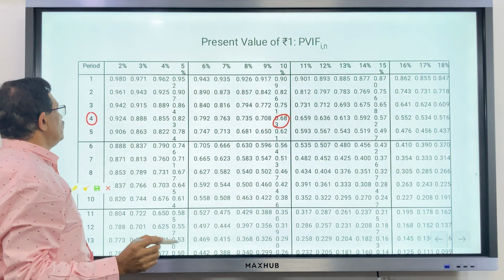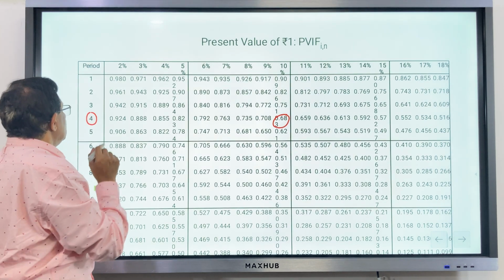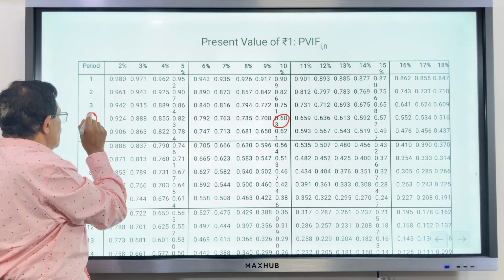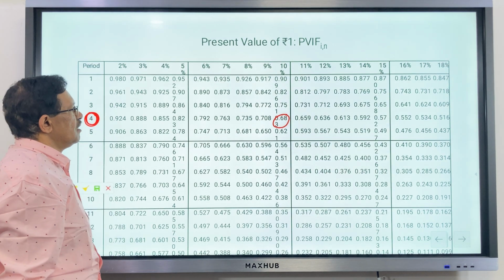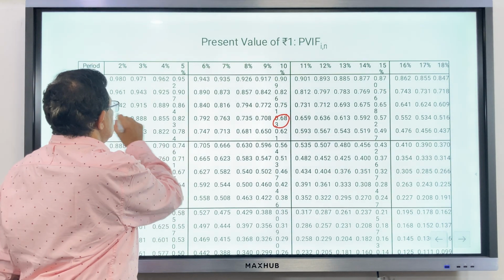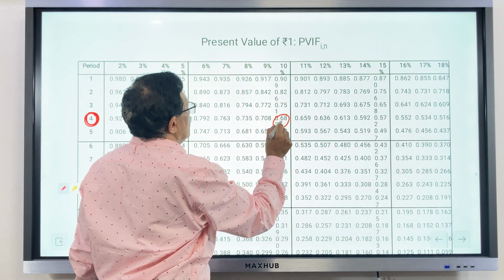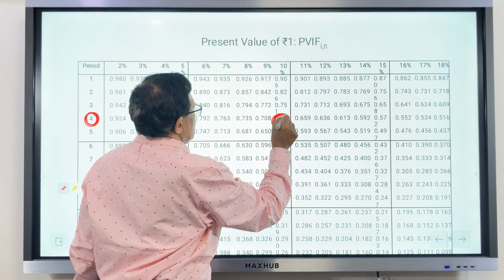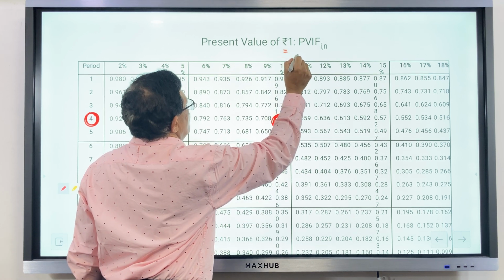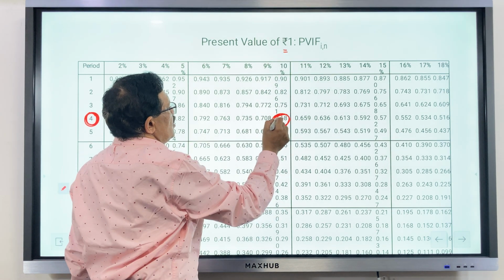Now in this particular problem, certain amount is coming at the end of the 4th year. So I am going down here and finding where 4 is there. I am going horizontally across here to find out where the percentage is there. This is the percentage, that is, if 1 rupee is received at the end of the 4th year, what is the present value of this particular amount?